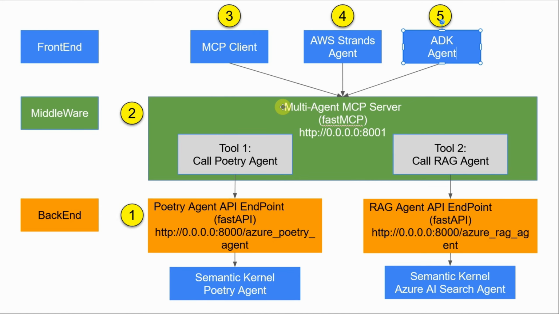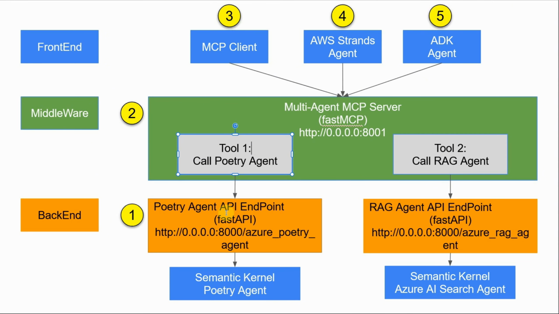We will deploy a multi-agent MCP server, which contains two tools: tool number 1, call poetry agent, and tool number 2, call RAG agent. Each tool is associated with a dedicated API. So tool 1 calls the poetry agent API endpoint, and tool 2 calls the RAG agent API endpoint.